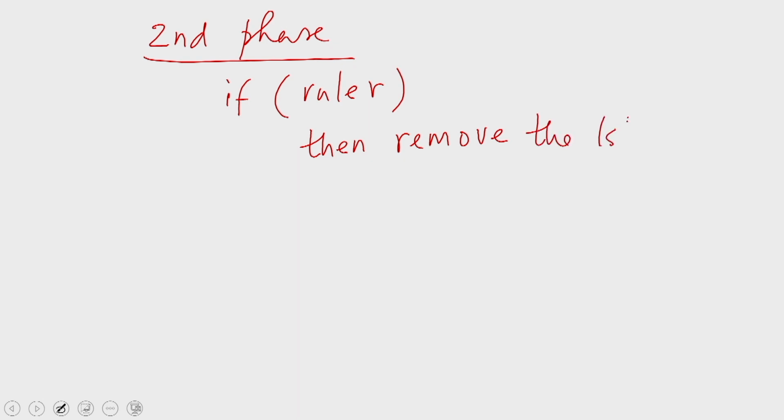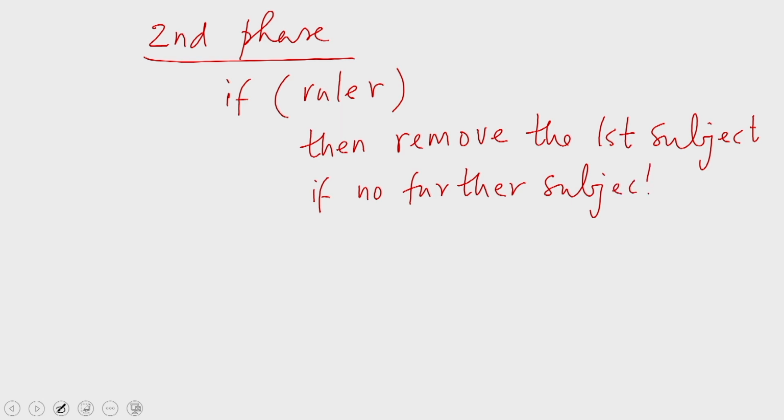Then it will remove the first subject, the nearest subject. And after removing the subject, if it has no further subject left, it will then turn into an active node. Then it will go back to the original game.